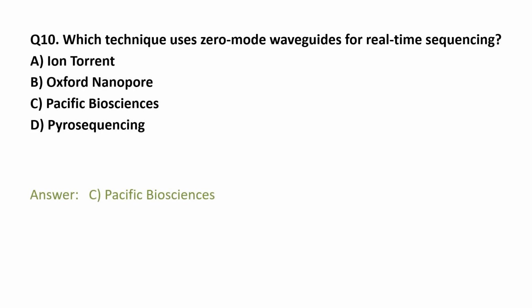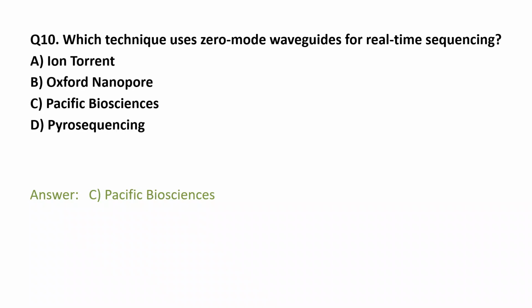They have very tiny apertures in a metallic film that limit the volume of light excitation to zeptoliter scale. This confinement ensures that only the activity of a single DNA polymerase molecule is observed without interference from background fluorescence.